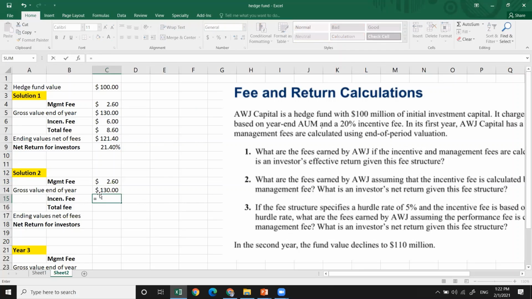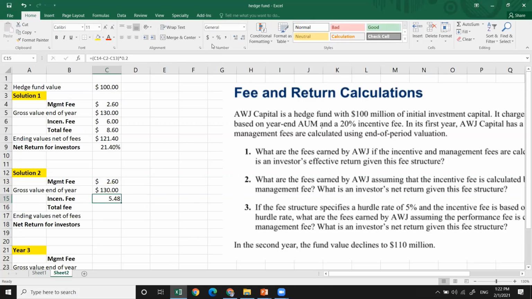Incentive fee is estimated in the same way, but with one difference. Who can tell me that difference? Incentive fee will be on the gross value minus the management fee. Yes. And then we multiply by 20%.